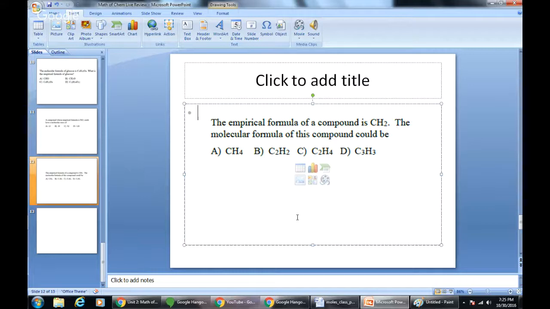B, C2H2, that empirical formula would be CH, because you divide both subscripts by 2, and that's not the answer. C2H4, I can divide both of those by 2. It becomes CH2, which is the answer to this question. C3H3, if I divide by 3, becomes CH, which is not the same as CH2.